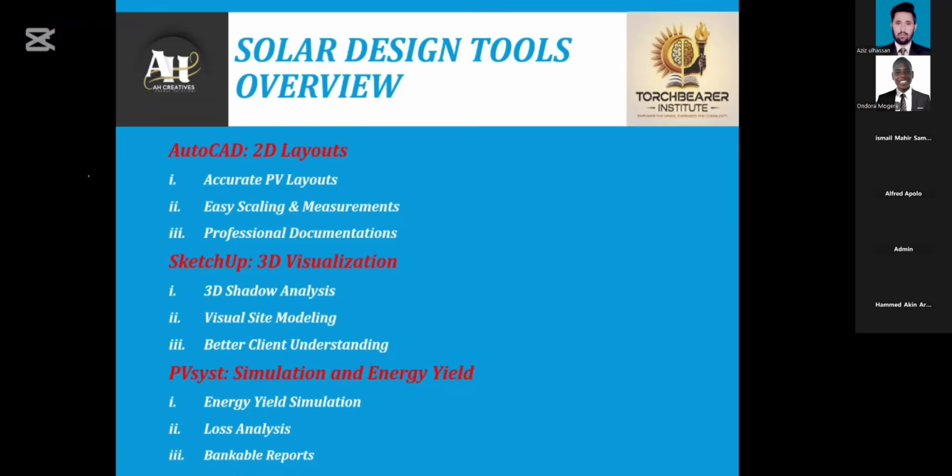PVsyst is simulation software that is used to simulate grid tied, off grid, standalone, and also water pumping systems. So if you need to do some calculation on energy yield, that is the daily energy demand, the size of the battery, the size of the solar panels, PVsyst is a very good tool to do that.